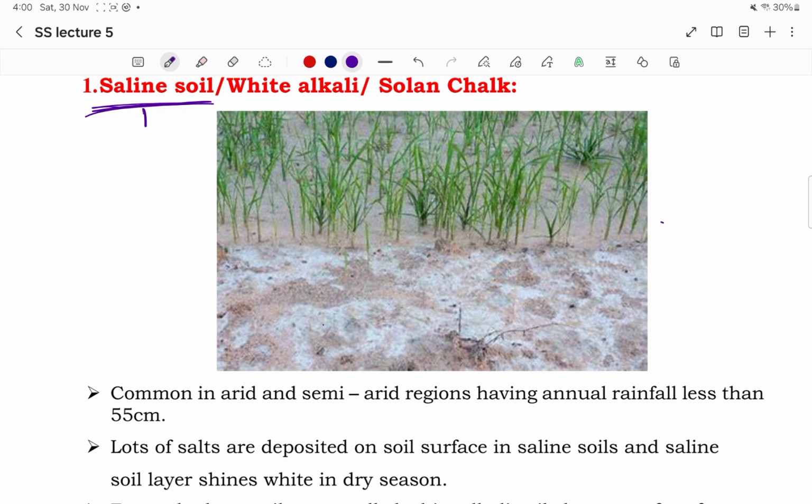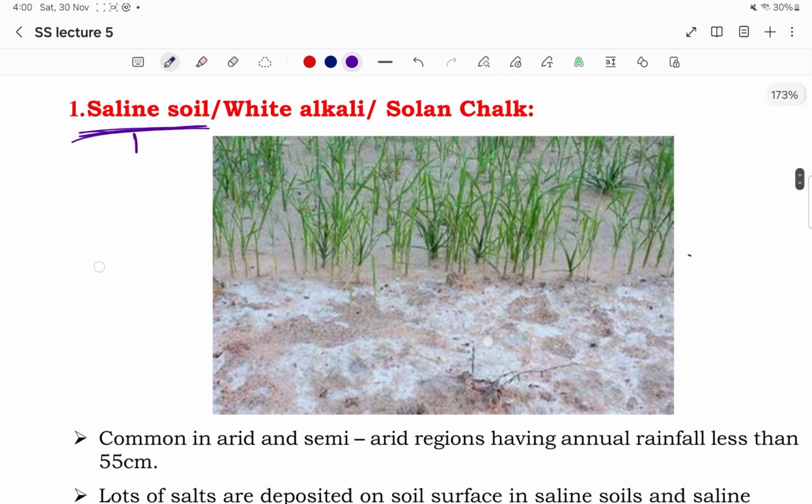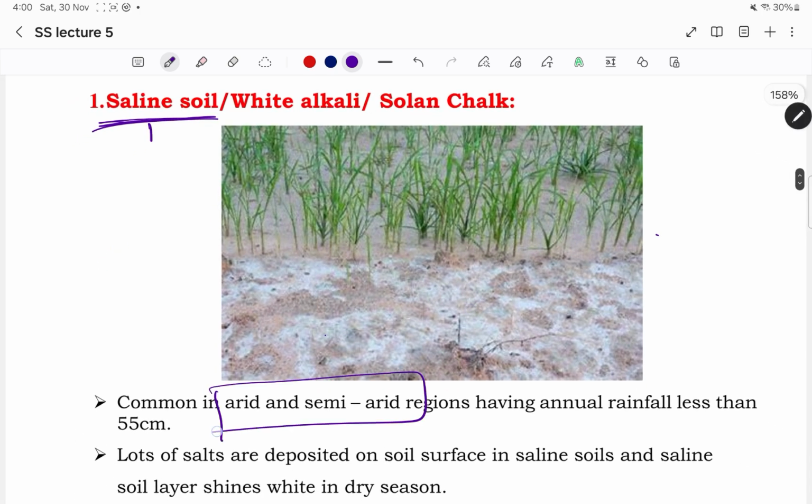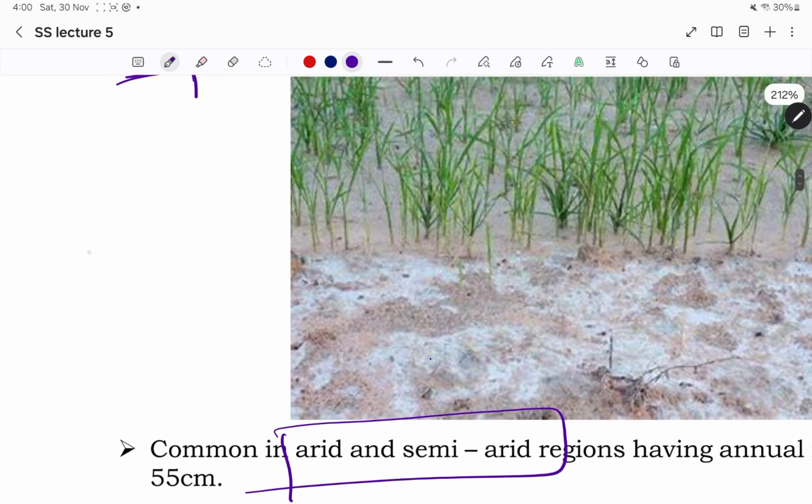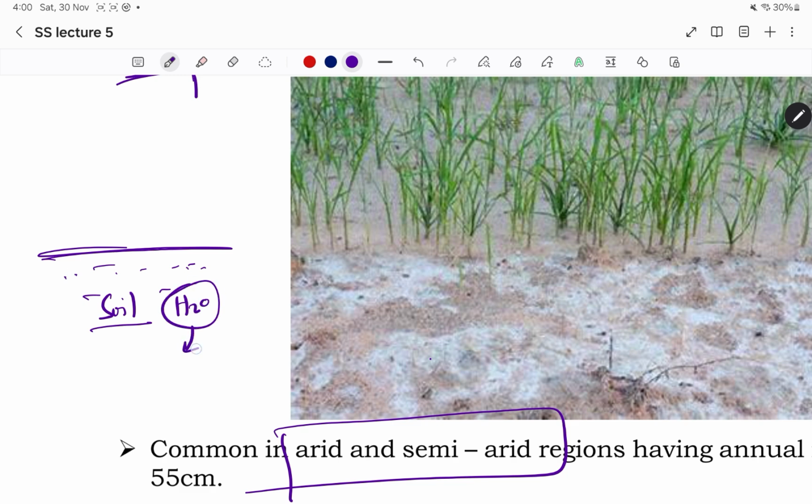We mainly see these kinds of soil in arid and semi-arid regions because here the evaporation is more than the precipitation, as we have already discussed. See, for example, this is a soil containing some water, right? Water contains salts.